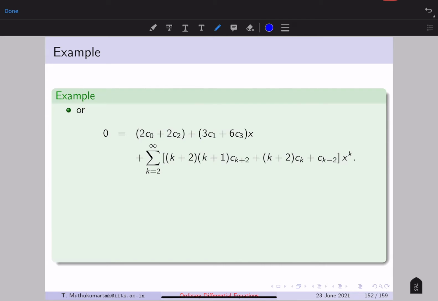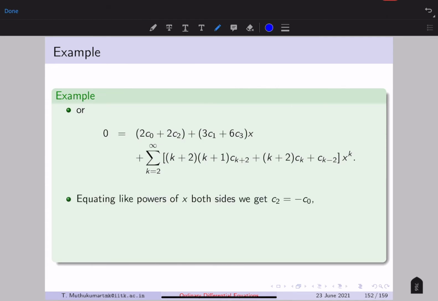You get 0 equal to, this is the coefficient corresponding to x power 0, this is the coefficient corresponding to x power 1, and then these are the coefficients corresponding to k bigger than or equal to 2. If you equate, you see it's all 0 here, so all the coefficients are 0.